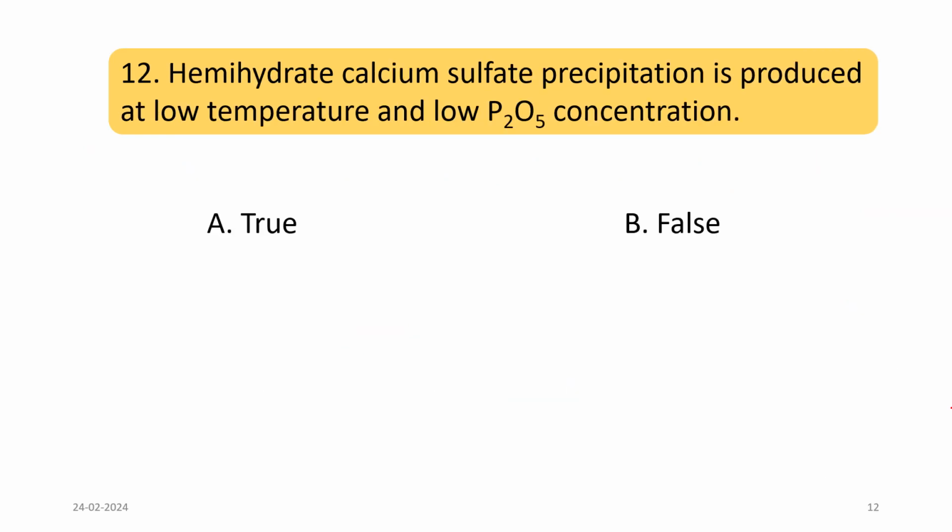Next question is: the hemihydrate calcium sulfate precipitation is produced at low temperature and low P2O5 concentration.